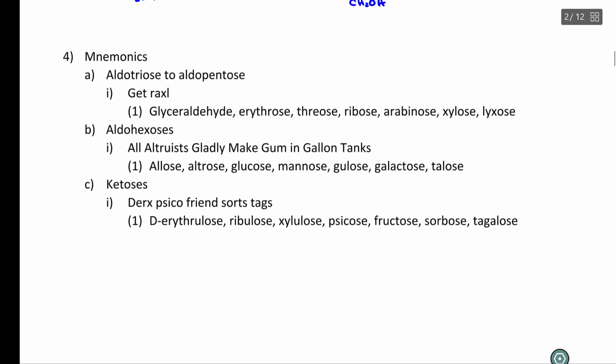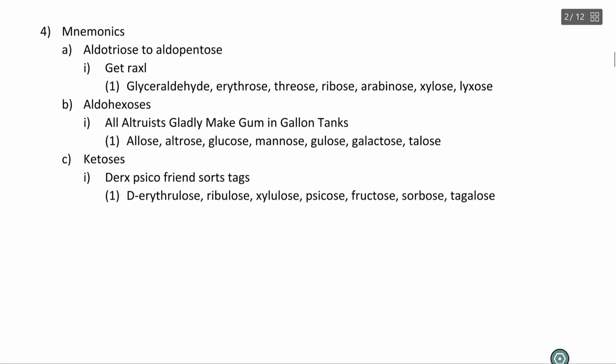And then the aldohexoses, this mnemonic is probably in your book, but if it's not, this one is super common too, you can look it up, and there's others as well, but this is "all altruists gladly make gum in gallon tanks," and that actually stands for allose, altrose, glucose, mannose, gulose, idose, galactose, talose.